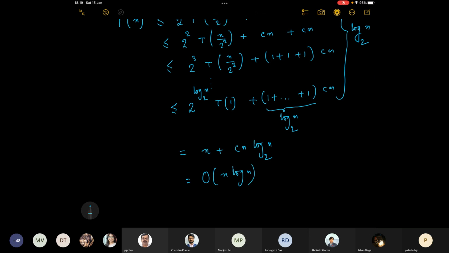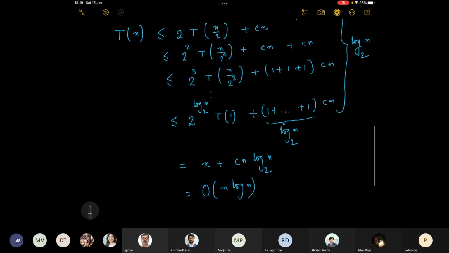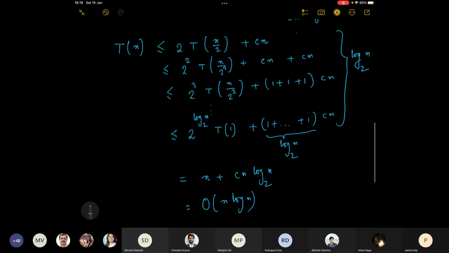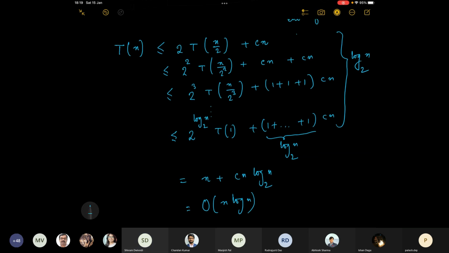Notice when you write big O notation, you do not need to write the base of the log, because the constant is already taken care of in the big O notation. Question: anyone who has not understood this analysis, that the time complexity of merge sort is big O of n log n? Why does log n mean the number of steps?